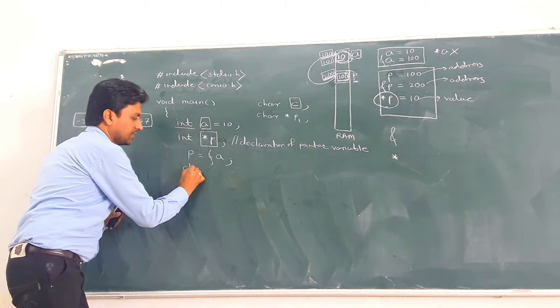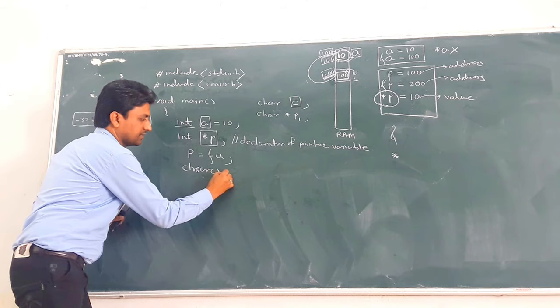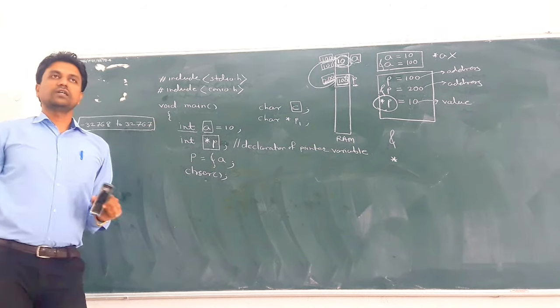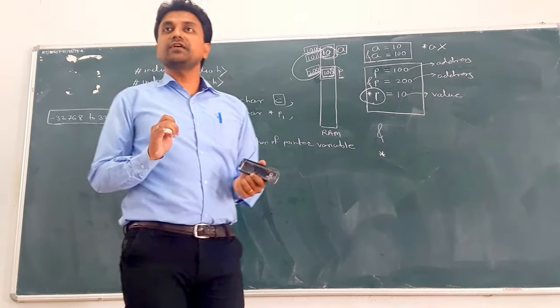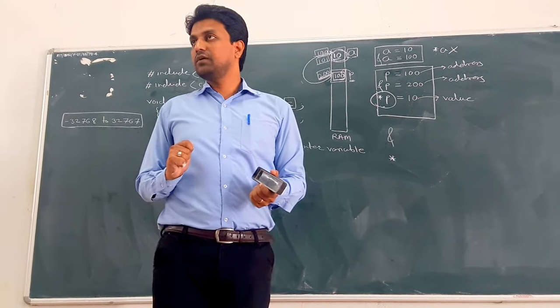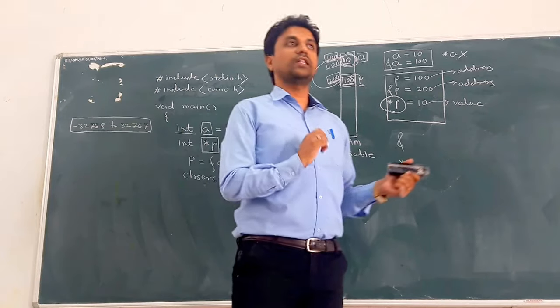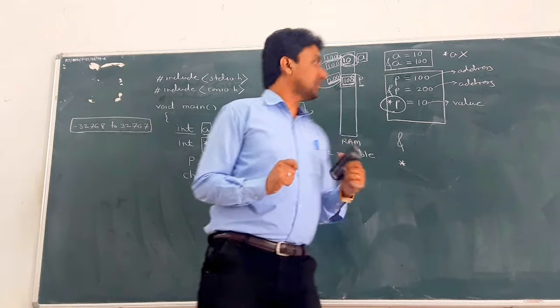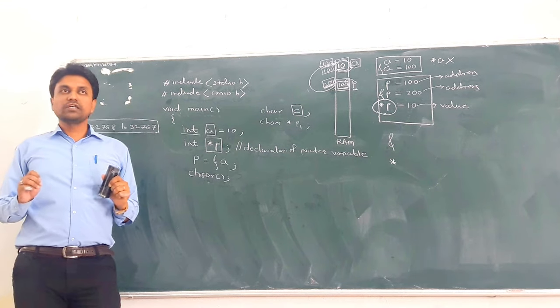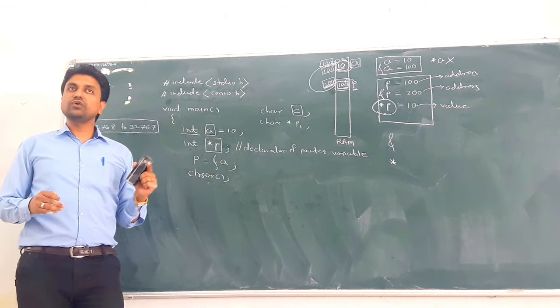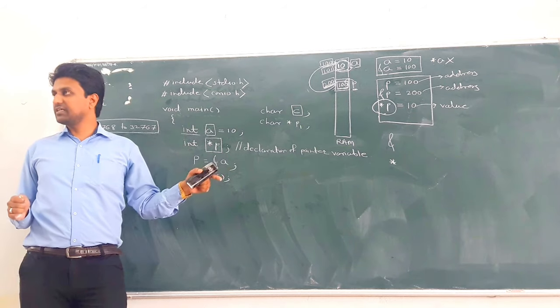Next, clear screen. After that, now we want to print the value of a variable. Pointers are more flexible, because we can access a value indirectly by using pointers.